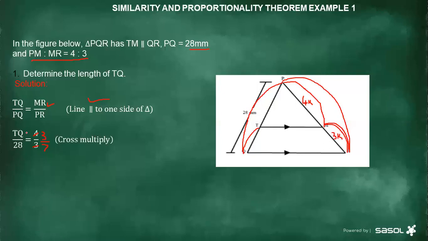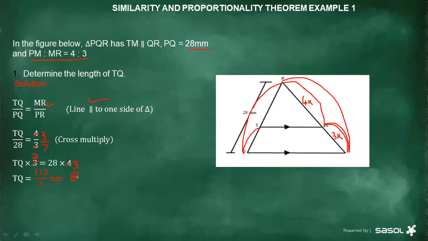Then from there, we're going to cross multiply. Remember, this TQ is no longer multiplied by 3, but by 7 now. And this 28 is no longer multiplied by 4, but by 3. And then 28 multiplied by 3 gives us 84.